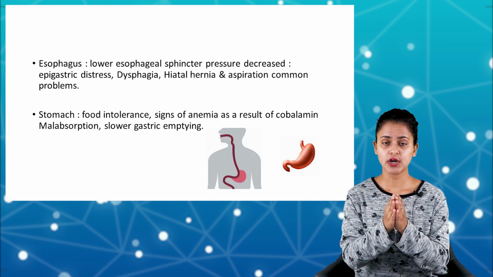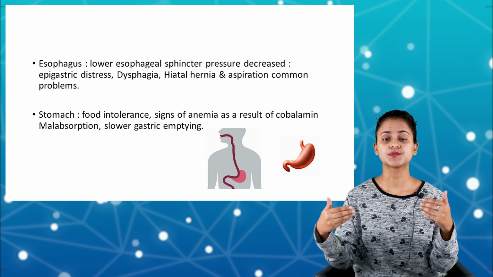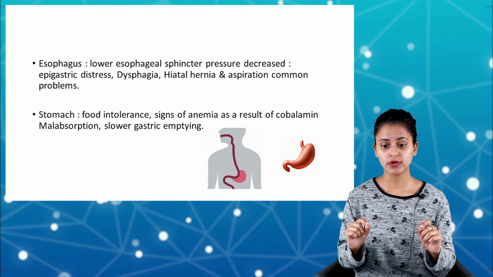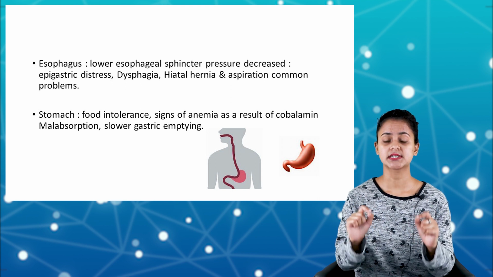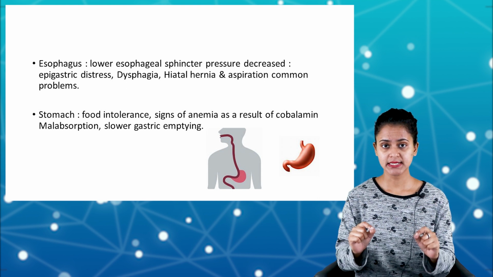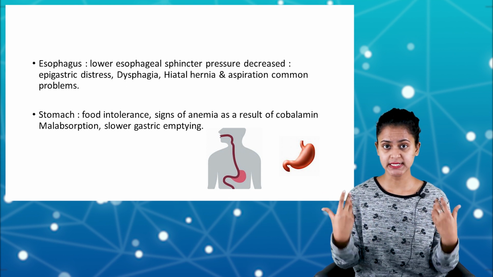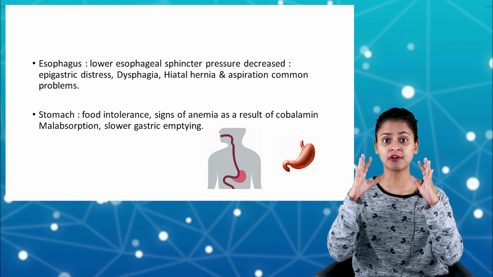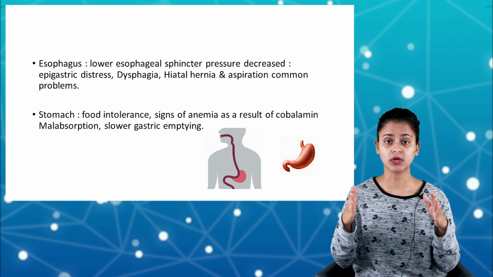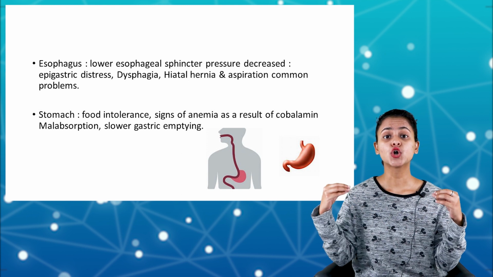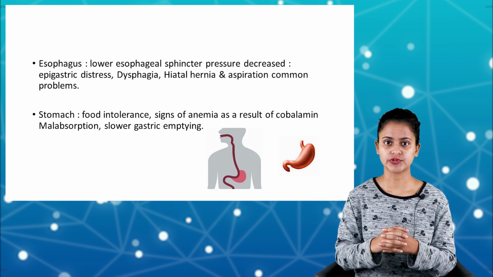For the esophagus, we are often going to see with the aging process, the lower esophageal sphincter will have decreased pressure. Epigastric distress often will be seen among the client. Dysphagia and hiatal hernia are very commonly found among the older population. Aspiration also is a very common feature among the older individual.